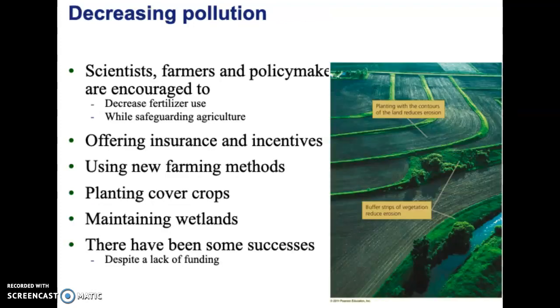Other ways to decrease the pollution caused by nitrogen and phosphorus, which are necessary for life but are limiting elements, and we in turn are dumping way more of them into our agricultural regions in order to promote growth of plants, but then we don't want it to get into our waterways.